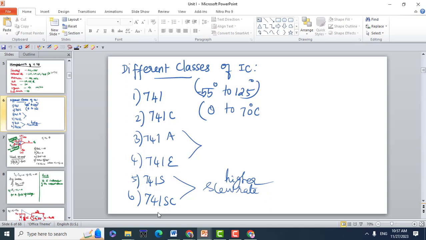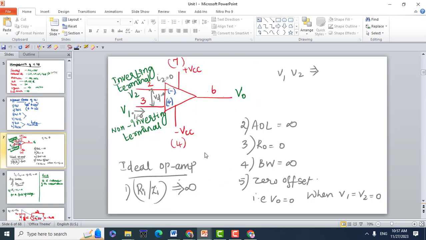You have 741 IC, and 741C. If you see 741 IC, it is minus 55 degree to 125 degree centigrade, and the 741C is 0 to 70 degree centigrade. You have 741S and SC with higher slew rates, 741A and E with higher amplification. Like that, we have different classes of 741 ICs.